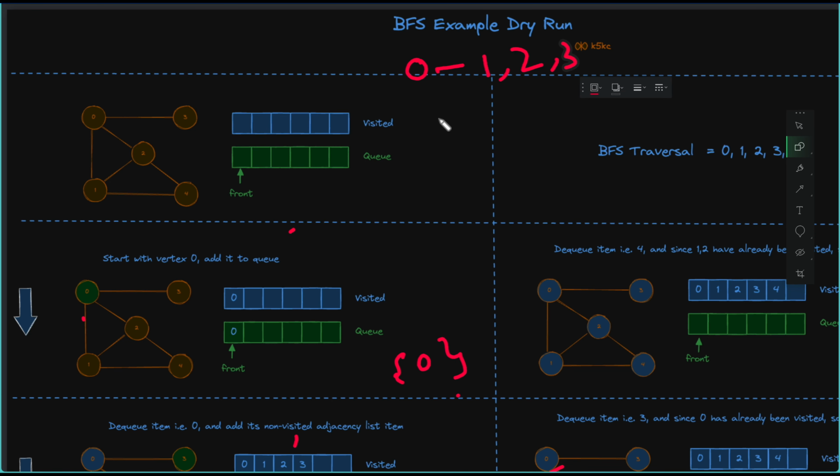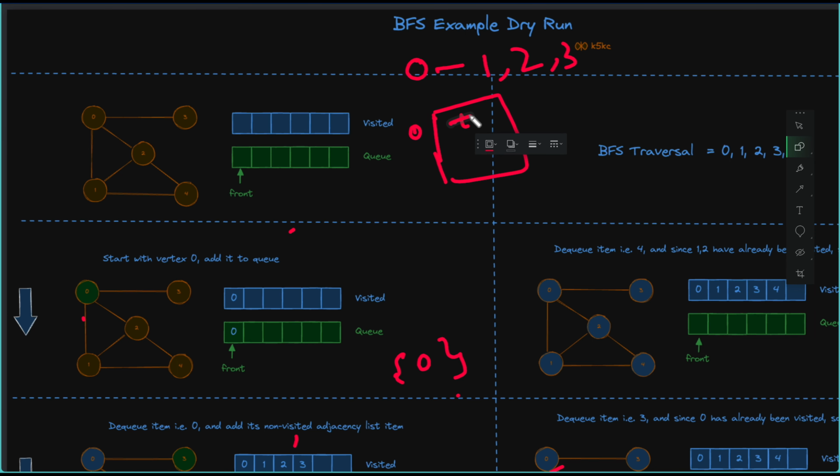But in case of an adjacency matrix, we have a matrix, and now 0 can have a mapping to 1. It's a Boolean matrix, or you can also keep it as an integer matrix with 0 and 1. The idea is that when we see row 0 and column 1, we mark it as true.